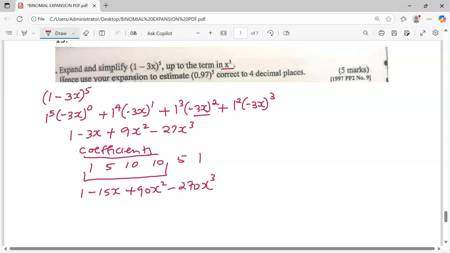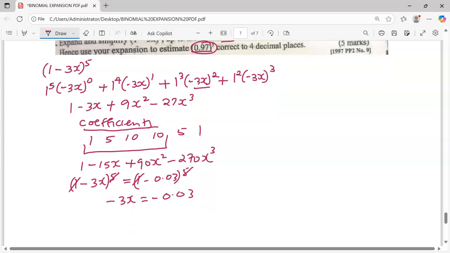Once the expansion is complete, we can now use the expansion to estimate the value of 0.97. So the first thing we are going to do is to equate the two, that is (1 - 3x) raised to the power of 5 being equal to 0.97, which is the same as (1 - 0.03) raised to the power of 5. 1 and 1 will cancel, the power of 5 and the power of 5 will go, such that we remain with minus 3x being equal to negative 0.03.